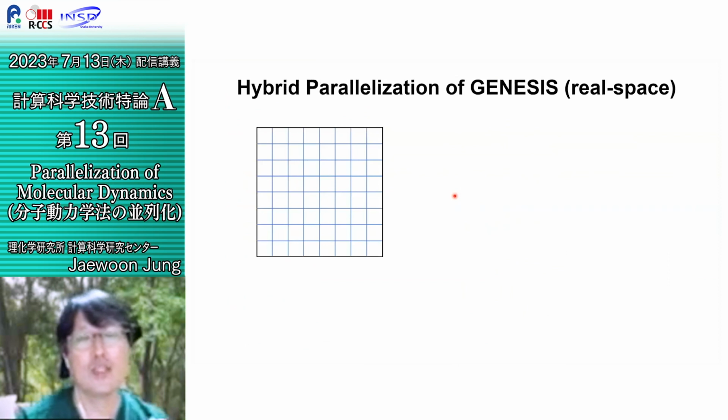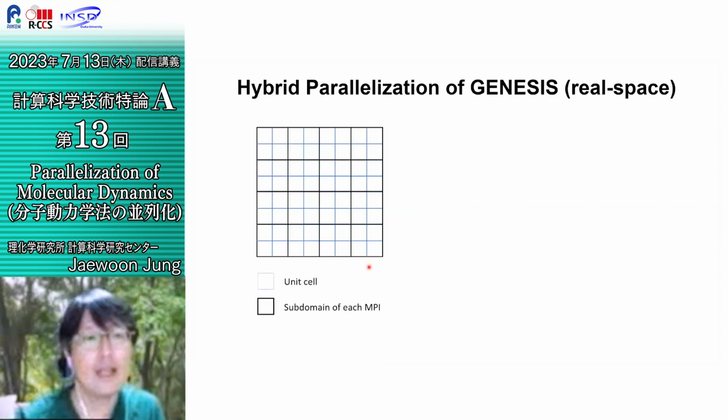And in our hybrid parallelization, we first take the whole system, and this whole system is first divided into many cells. According to the number of MPI processes, we assign multiple cells to each subdomain.